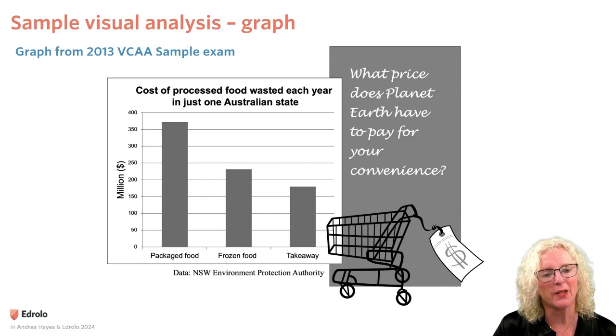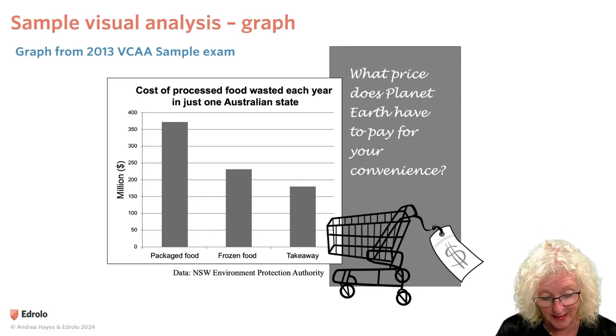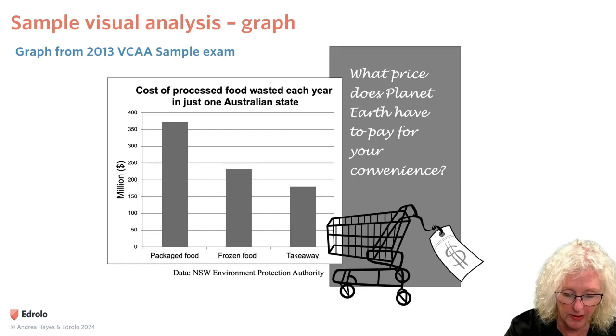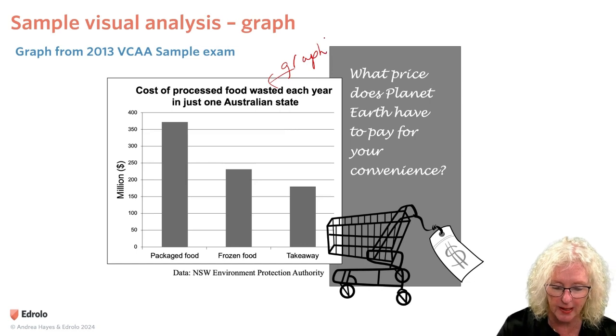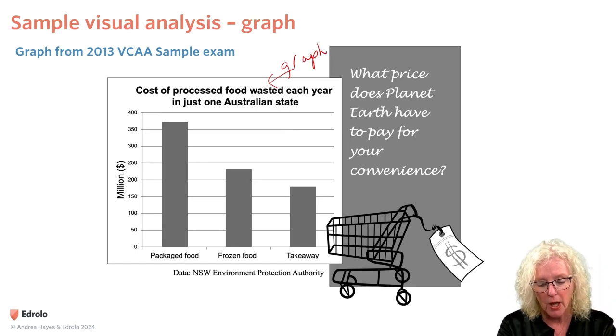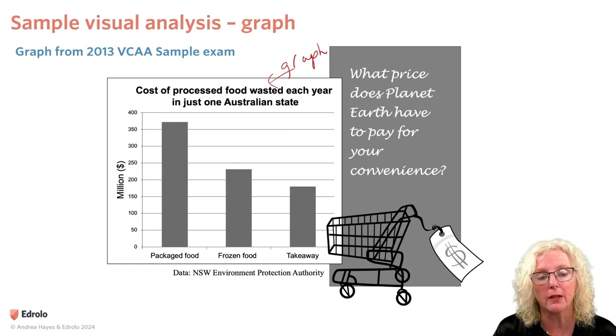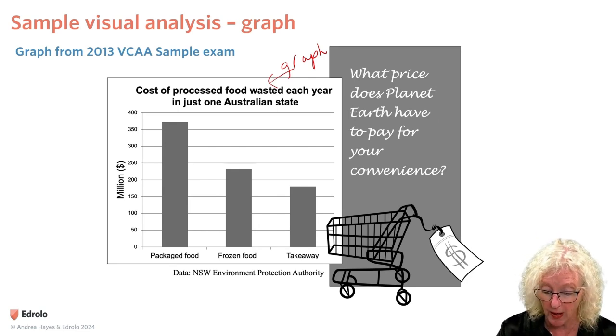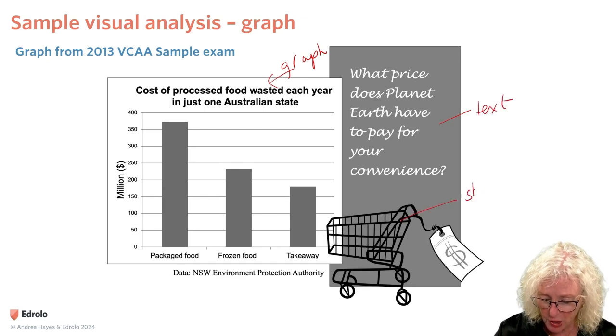This one is a graph, but you can see it's actually got other things as well, bit of some added extras. This very clearly here is the graph, and it's from the 2013 sample exam. So you would say probably that the whole thing, the image was comprised of maybe 3 components: a graph, some text, and a shopping trolley.